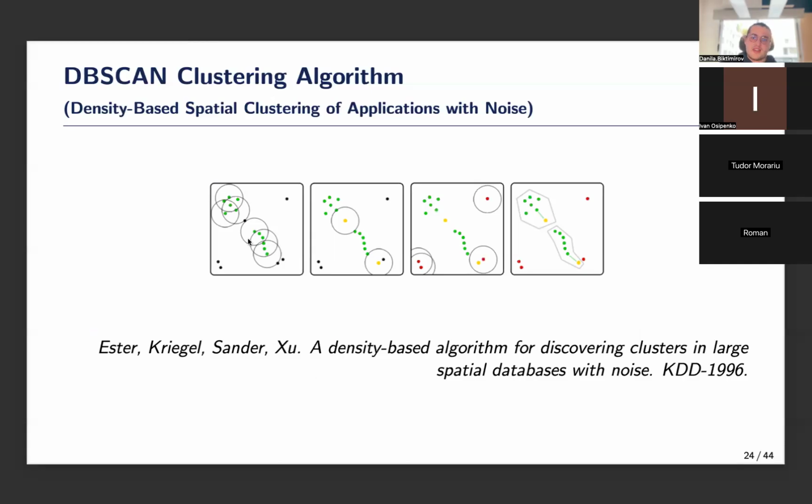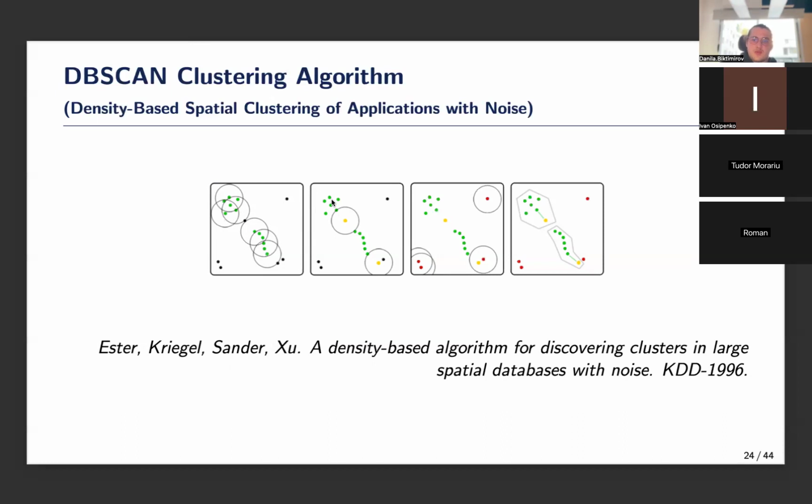If it has a dense neighborhood, for example, it satisfies the core object condition, then we expand the cluster. Like here, we have several points, and they form one cluster.